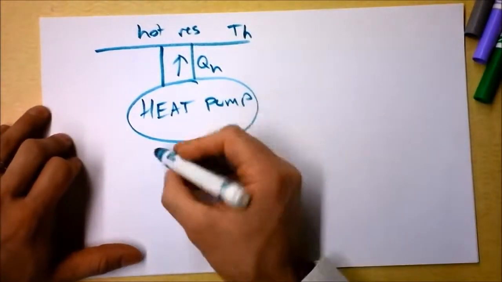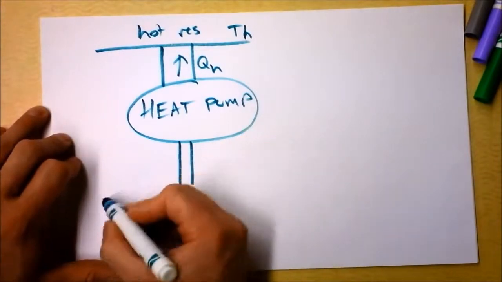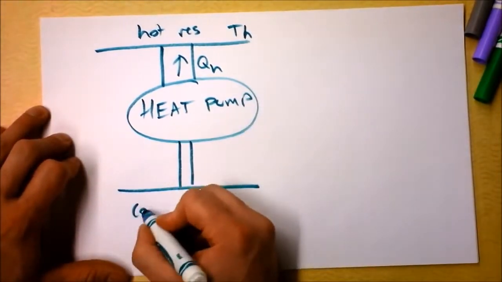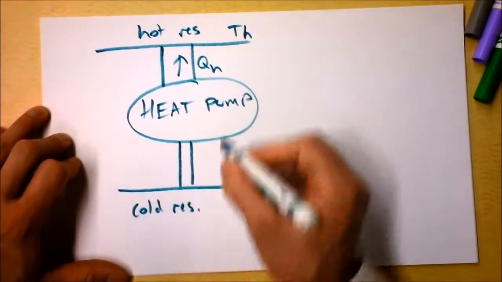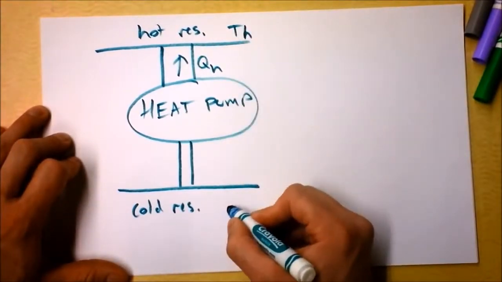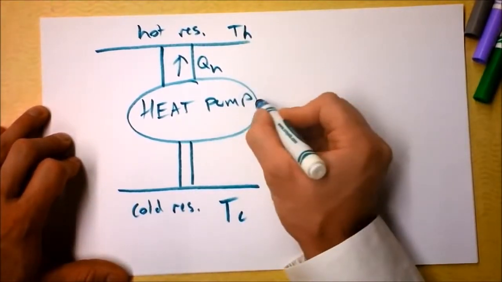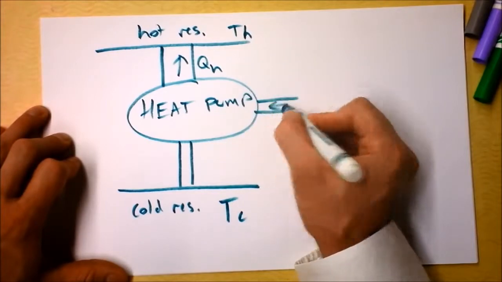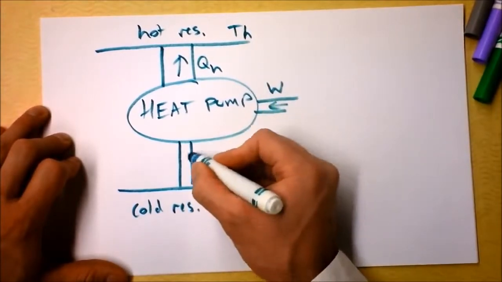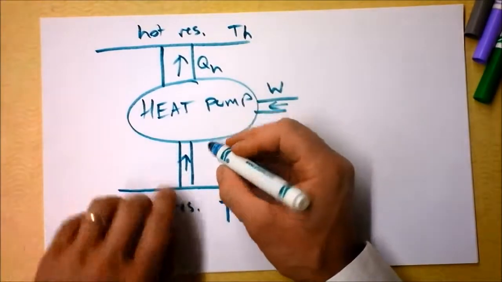And we've also got some heat leaving a cold reservoir. And again, this is not spontaneously going to happen, so we'll have to provide some work going in. This is a T cold, and this is our work that goes in, and this is the heat that's leaving the cold reservoir.